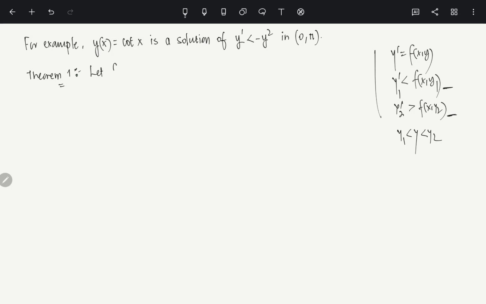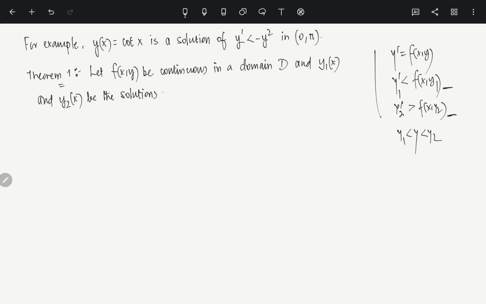So let f of x, y be continuous in a domain D. Whatever the domain is, doesn't matter. I mean, wherever it is defined, let's just say. And let y1 of x and y2 of x be the solutions of the differential inequality.